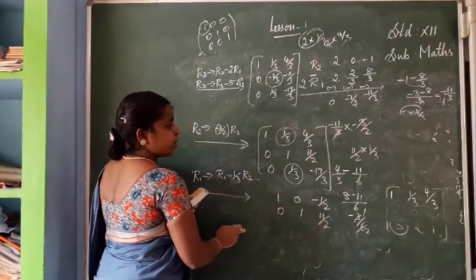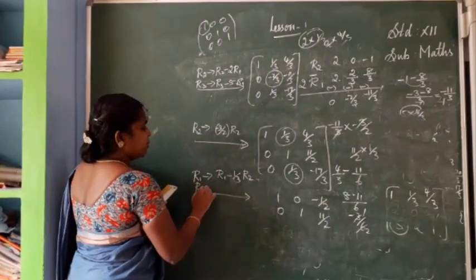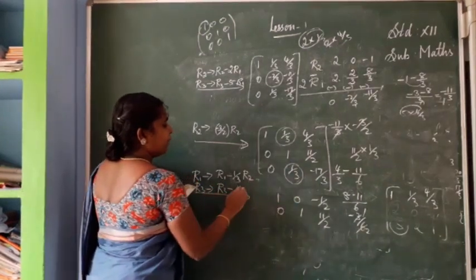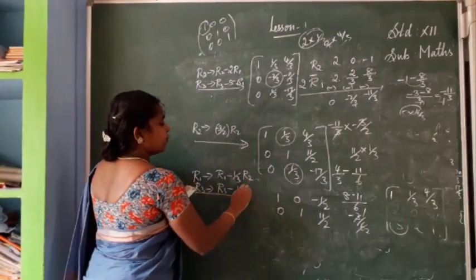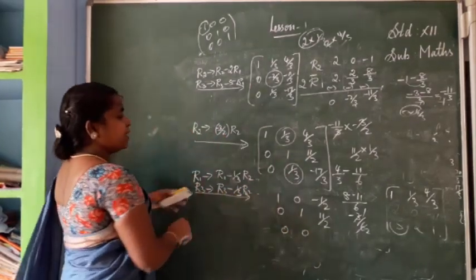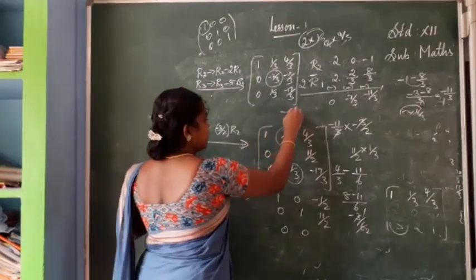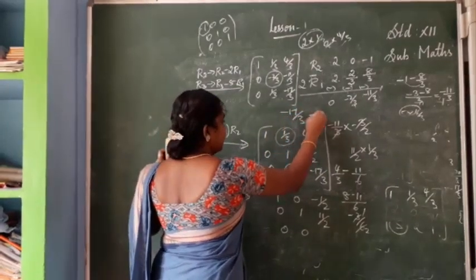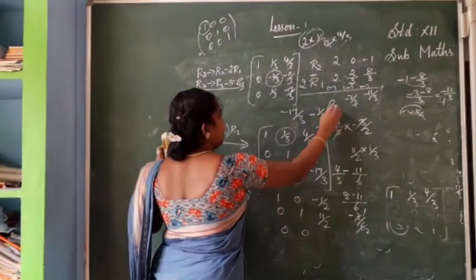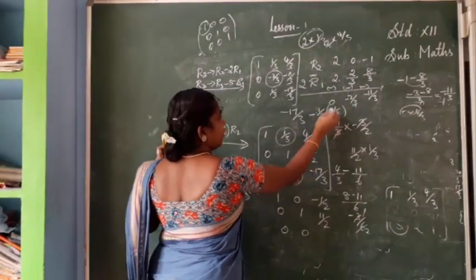Next the third row: R3 gives R3 minus 1 by 3 into R2. Same, these two values you get 0. Next value you find: in R3, minus 17 by 3 minus 1 by 3 R2. You multiply 11 by 2 by 1 by 3, what do you get? 11 by 6.